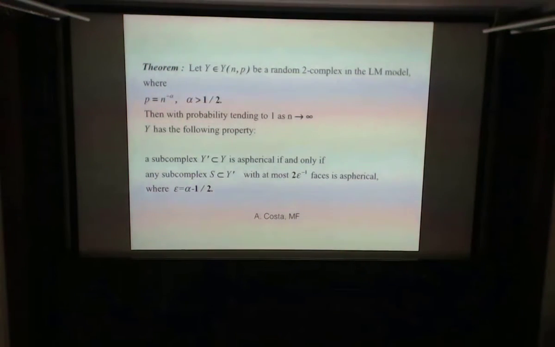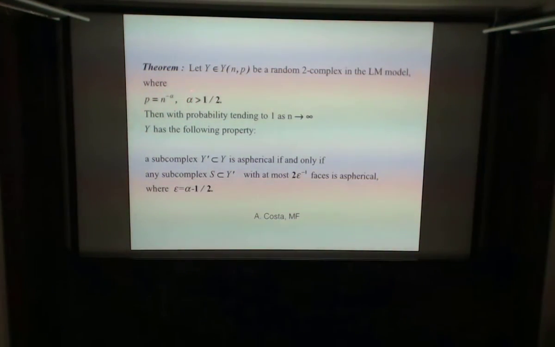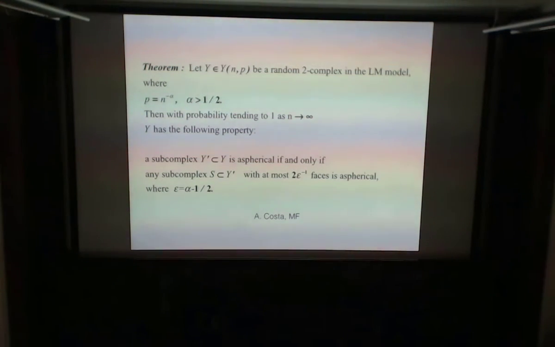So this theorem tells us the following. If we are in the Linial-Meshulam model with p = n^(-alpha), where alpha is greater than 1/2, so again, the range where the fundamental group is non-trivial, then with probability tending to 1 as n goes to infinity, this random complex Y has the following property.